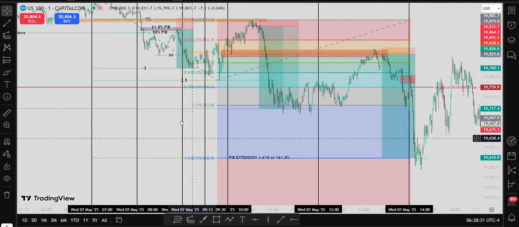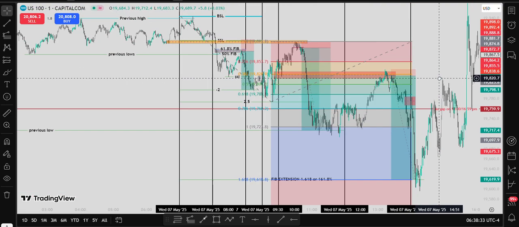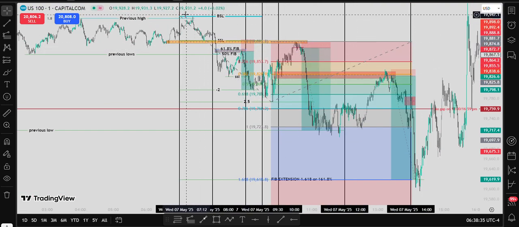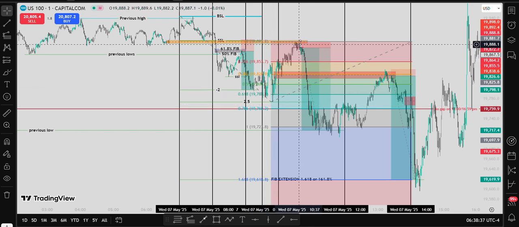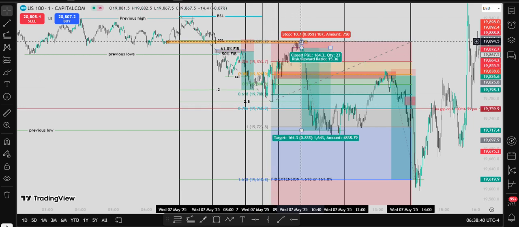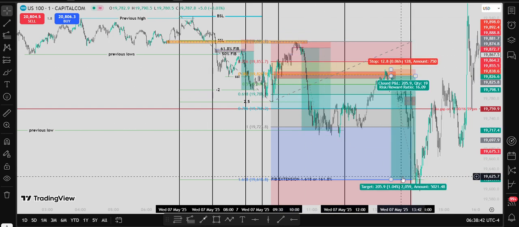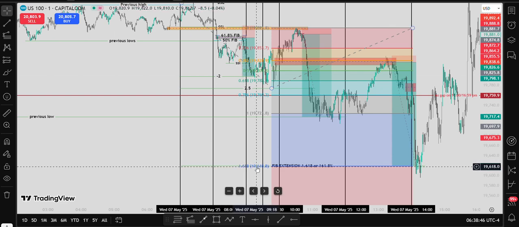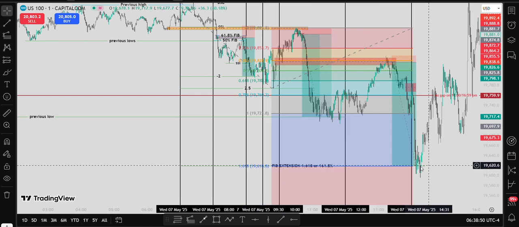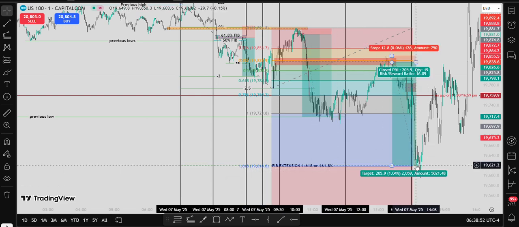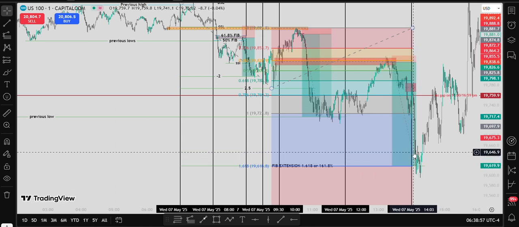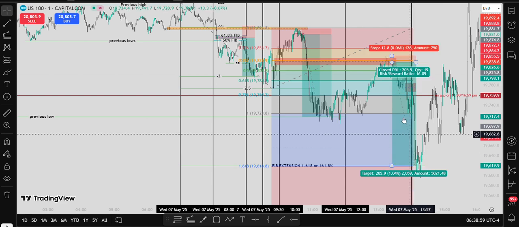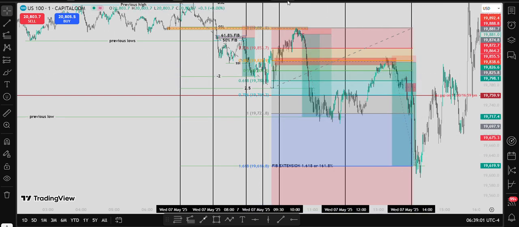We can see clearly that this was a sell-off, this was a retracement, and after that the market went lower to a level in the fib extension that is 1.618. Right there is where our third take profit would have been in the third trade. That would have been a perfect trade because the volume was so high at that time.